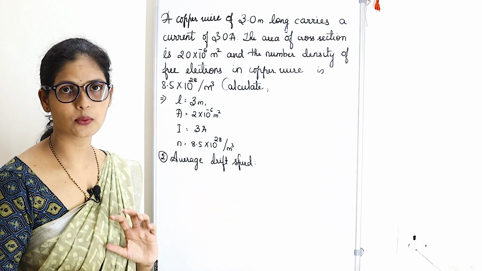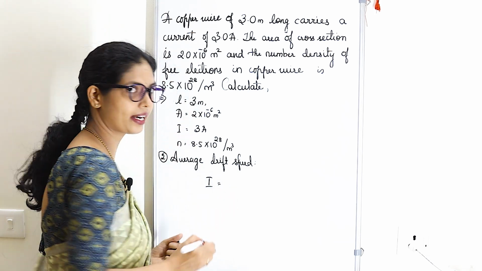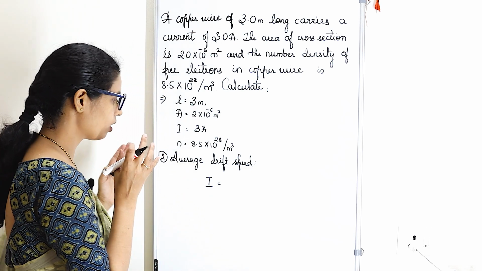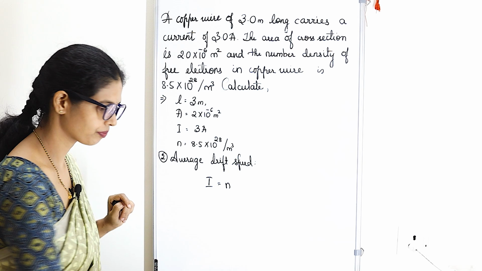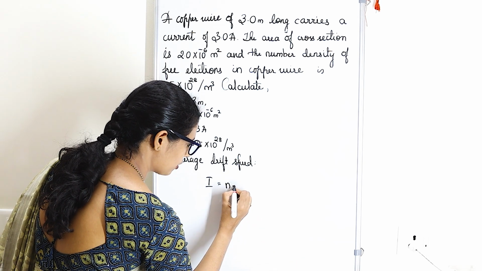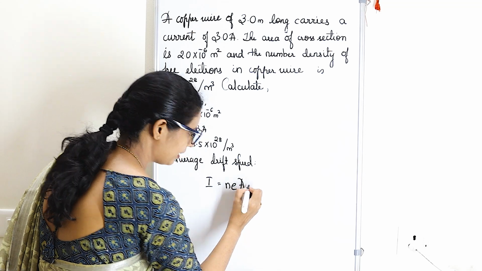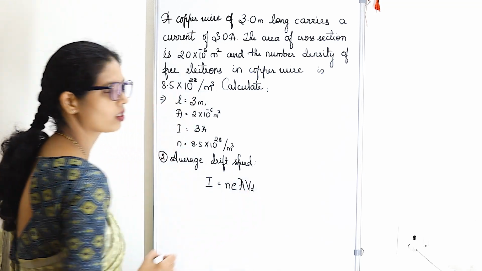So which is that equation? So the equation says I equals to, current is proportional to drift velocity here. So I equals to number density, charge of an electron, area of cross section, and then there is drift velocity.